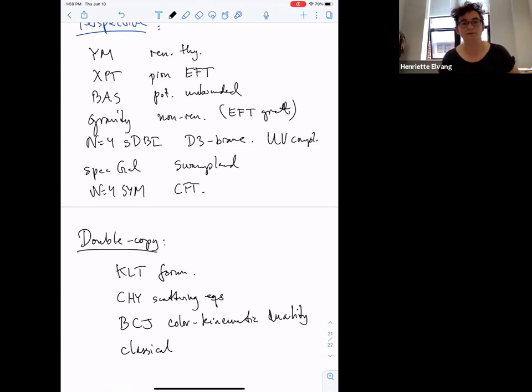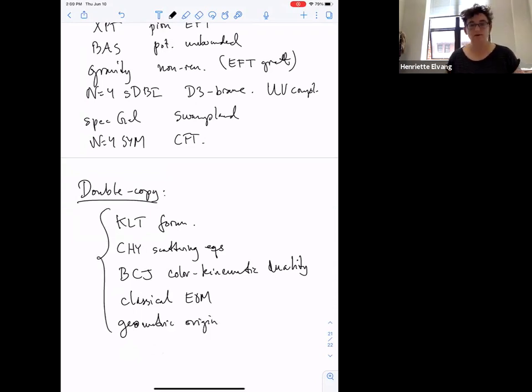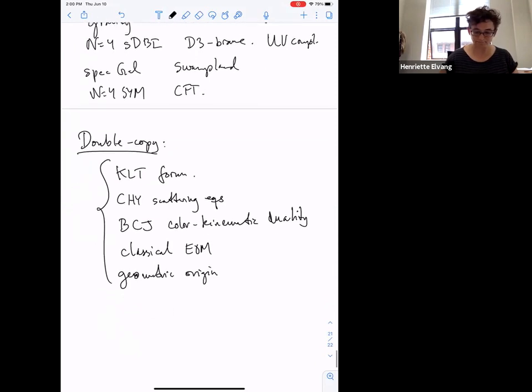People have explored if solutions in Yang-Mills to the equations of motion can double copy into solutions of gravity, at least in a perturbative sense. And that is a classical E&M double copy version. And then there are interesting questions too about the geometric origin of the double copy that people have explored in a variety of papers. So there are a lot of different perspectives on the double copy and a lot of different implications of the double copy.